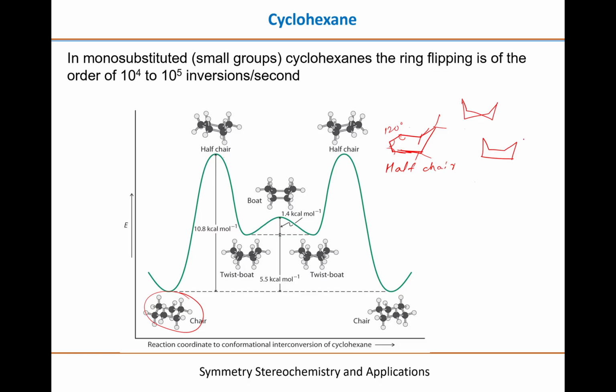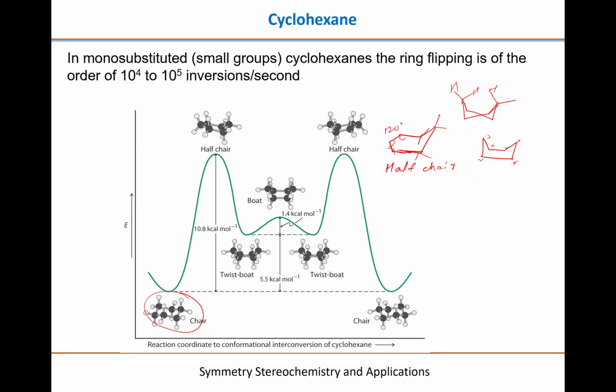Okay, so in twist boat structure, the atoms are somewhat staggered to each other, right? Staggered to each other. They are not eclipsing, but the flagpole interaction is still there, and in boat form, all the carbons are eclipsing to each other. Correct?